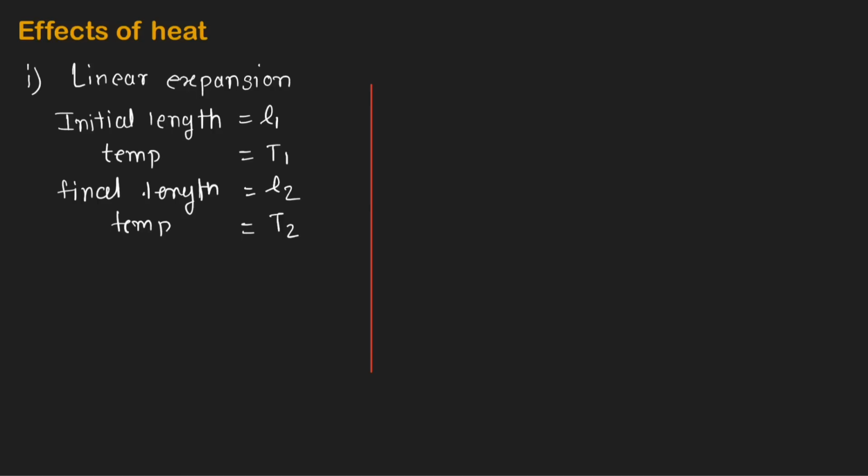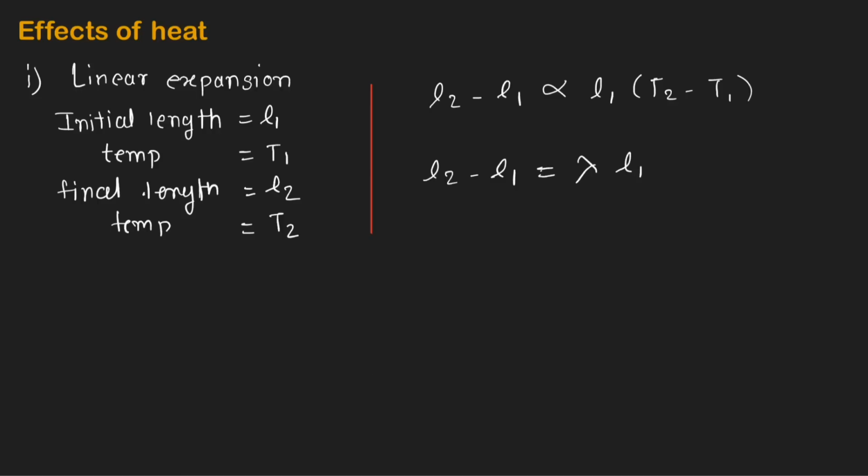Here the change in length, L2 minus L1, is directly proportional to the original length L1 and the change in temperature, T2 minus T1. If we remove the proportionality, L2 minus L1 is equal to lambda into L1 into the change in temperature, delta T.